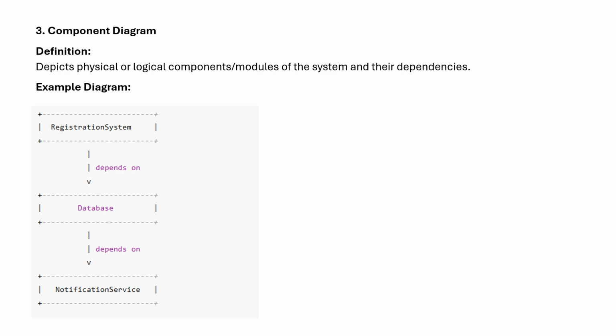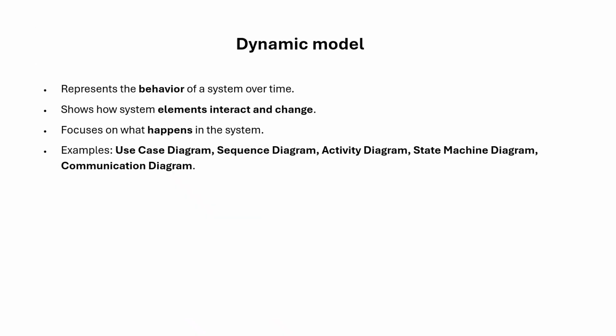These boxes are the modules or components. The registration depends on the database, so it cannot work by itself. It has to use the database, and then the database also depends on the notification service because it wants to send some notifications.